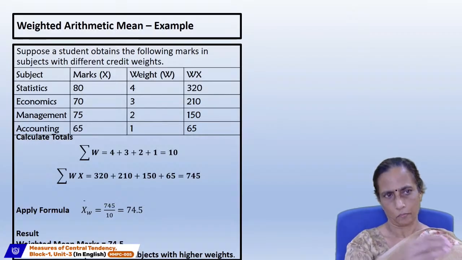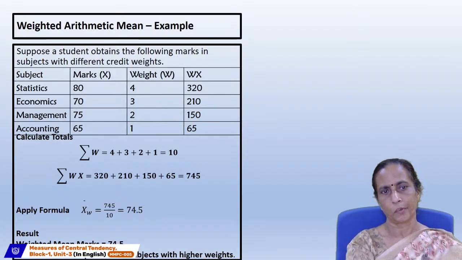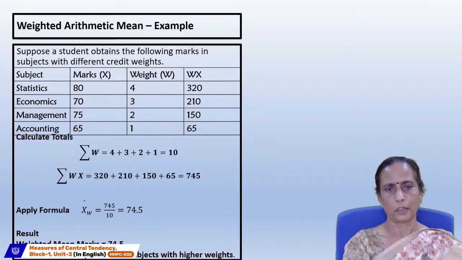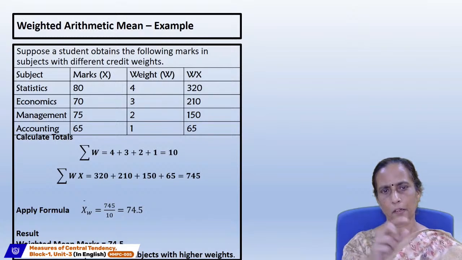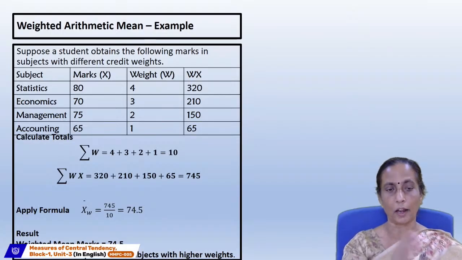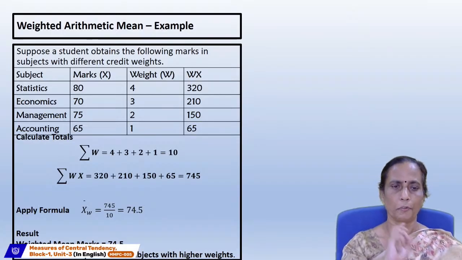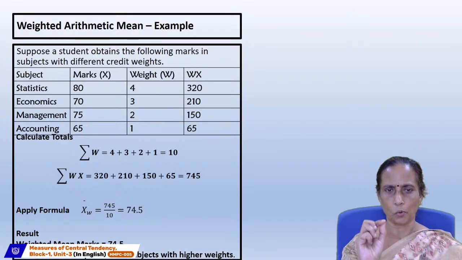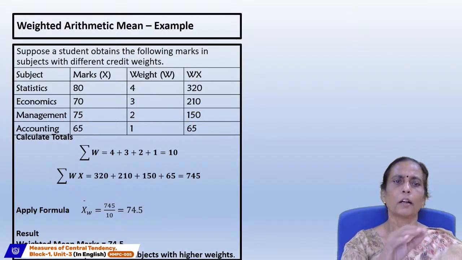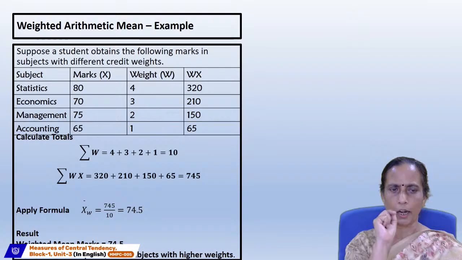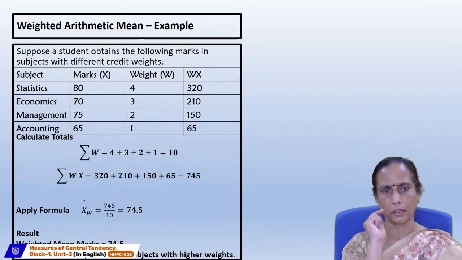So suppose you have a statistics paper with credits 4, economics 3, management 2, and accounting 1. So your weights are 4, 3, 2, 1. While calculating your grade, it will be 4 into 80, that is 320, then 210, 150, and 65.